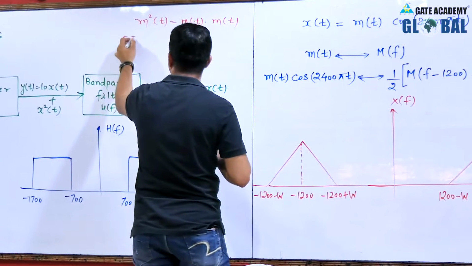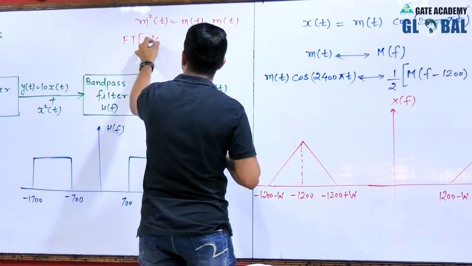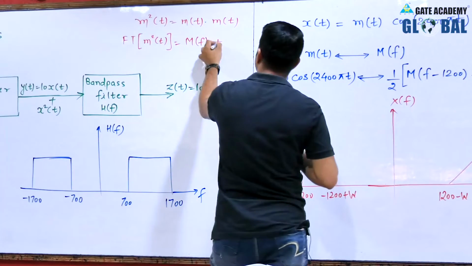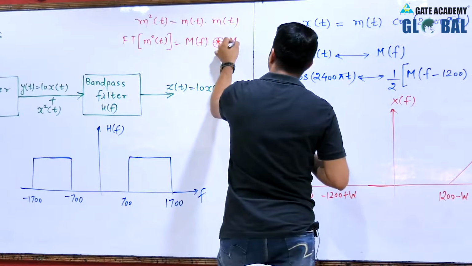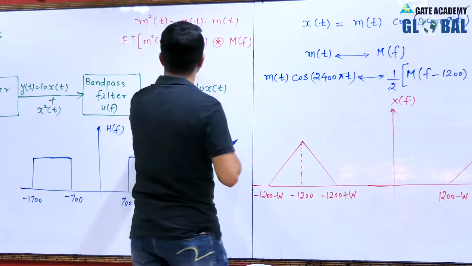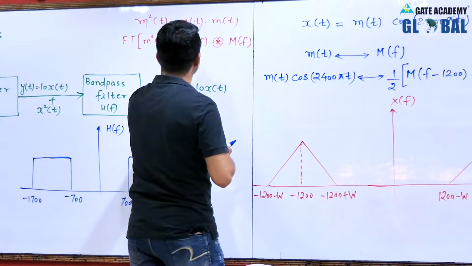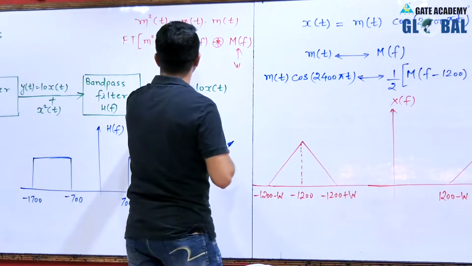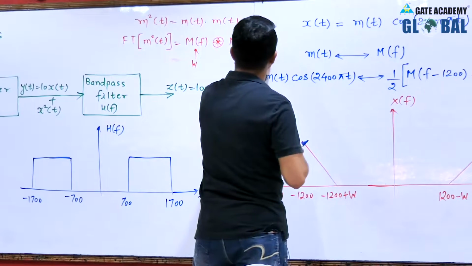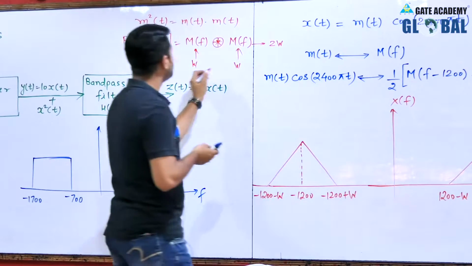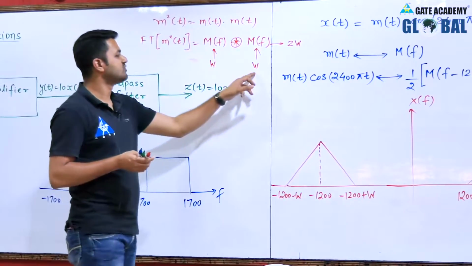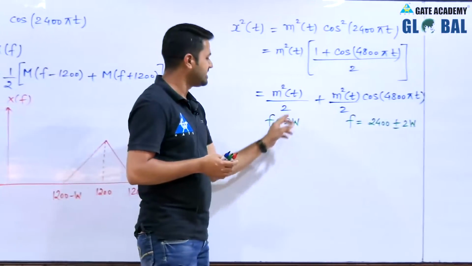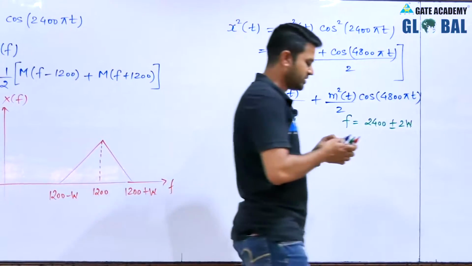If I take the Fourier transform of m square t, we get M of f convolved with M of f, and the resultant signal will have the sum of these two frequencies, W plus W, which is 2W. That's why m square t has maximum frequency 2W.